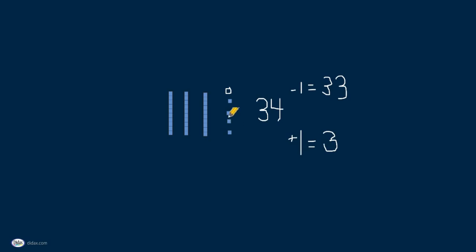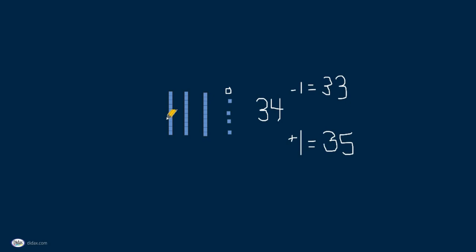And I have 1, 2, 3, 4, 5 dots. So I'm going to write a 5 in my ones place. Okay, so now I have 35. So 34 plus 1 equals 35.